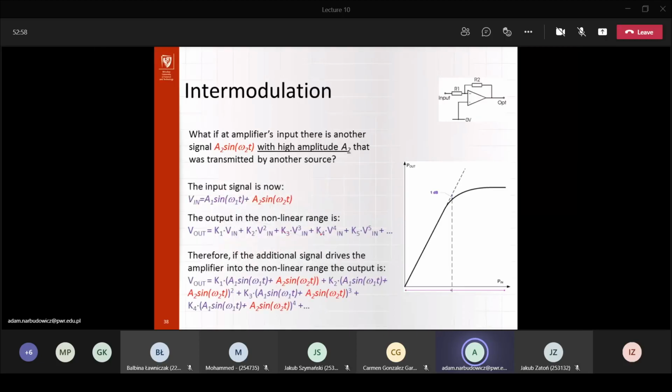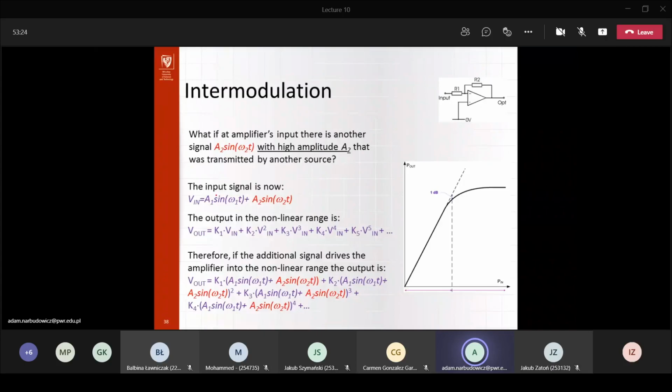So what happens here? When we reach an amplifier operating in the nonlinear range, we basically get the same thing as with the mixer. Although in this case, of course, we don't want this mixing, so it's an undesired process in that context.